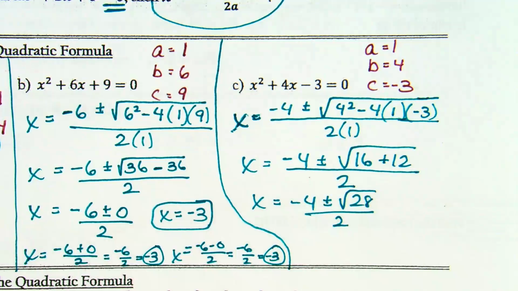It can simplify with 4 and 2 can simplify, but it has to be able to simplify with the other term also. Now, we haven't talked about this yet. I don't remember if this is next chapter or it might be January, February time. But do you guys remember anything about square root of 28?